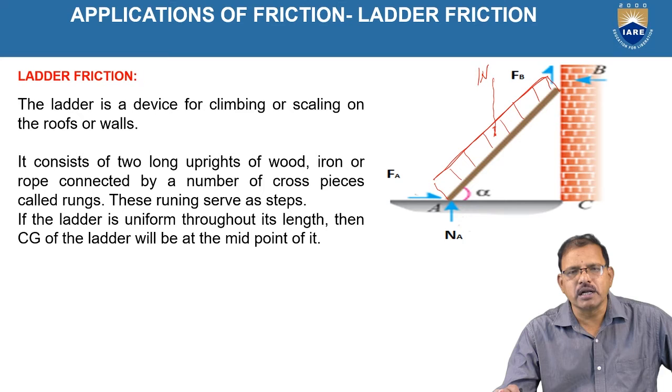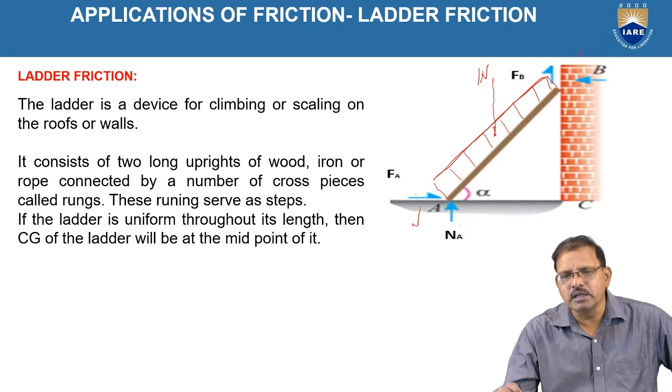So, what are the forces that are acting on it? The ends are represented as A and B. A lies on the horizontal ground and B is on the vertical wall, since it is kept against the vertical wall, as shown in the figure.